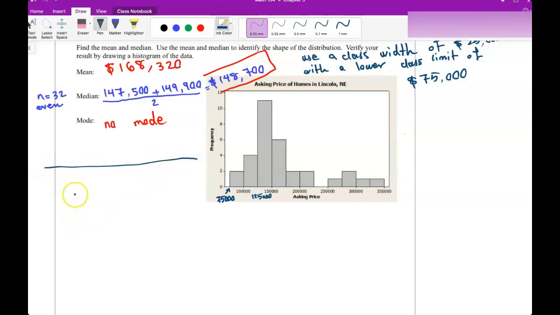Okay, so here I have the frequency distribution.